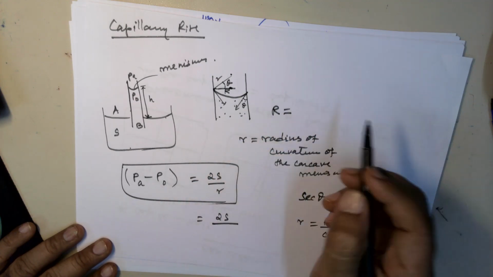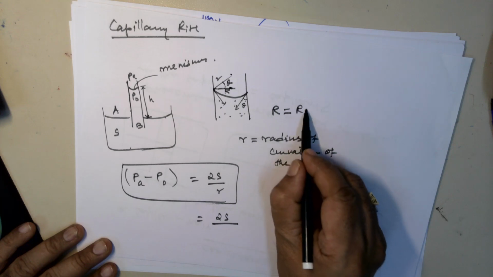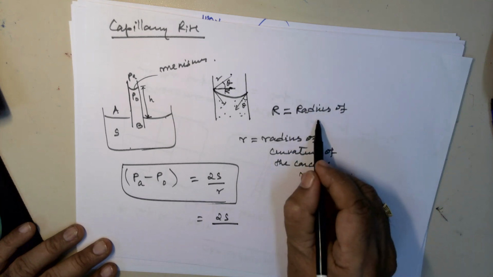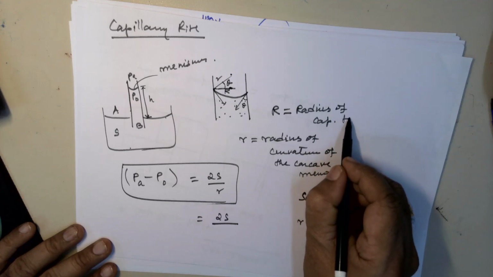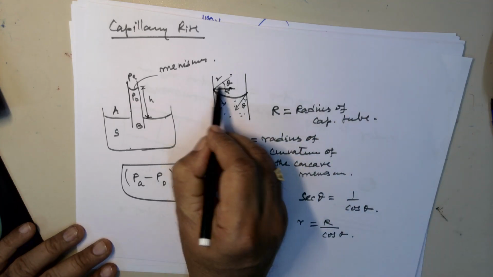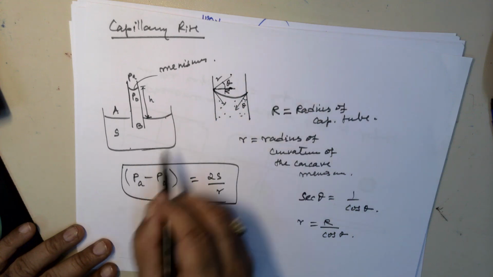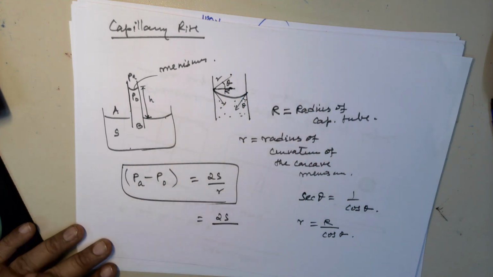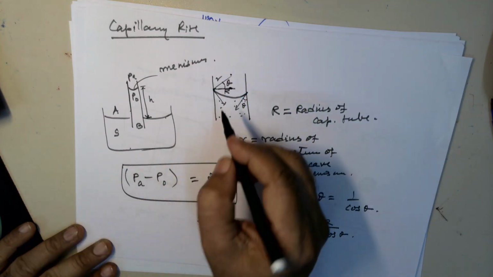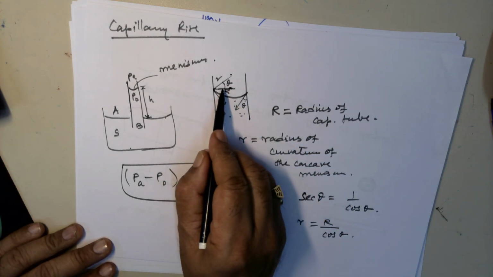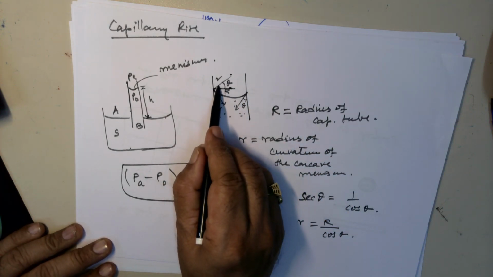So R is equal to what? Radius of the capillary tube. That is the radius of the capillary tube, and this is small r. Are you able to follow? And as I already mentioned, you have got the right angle here.